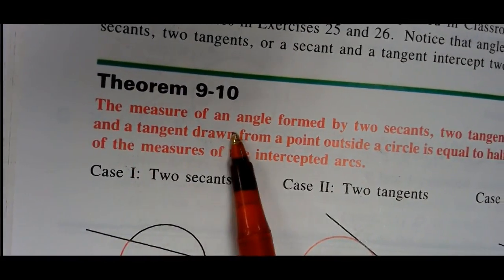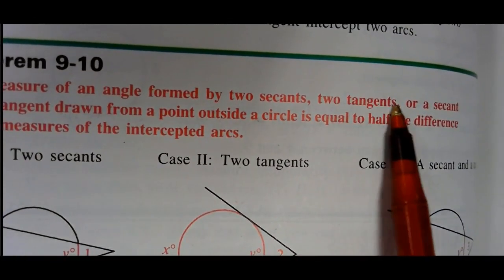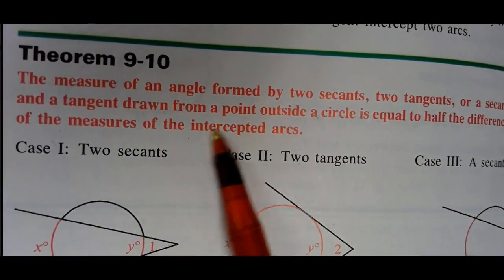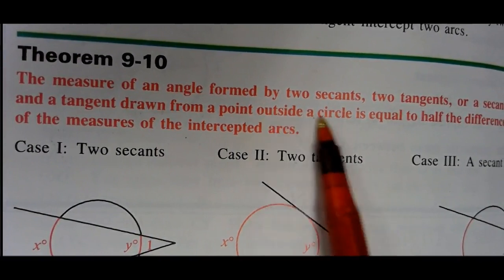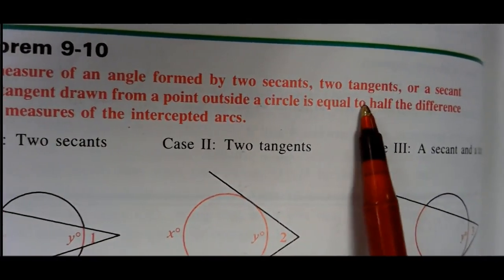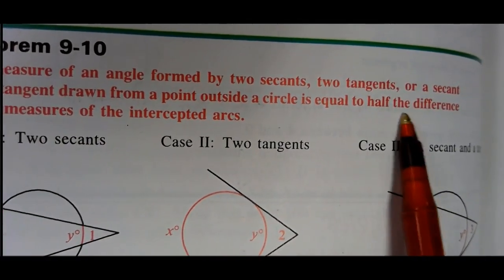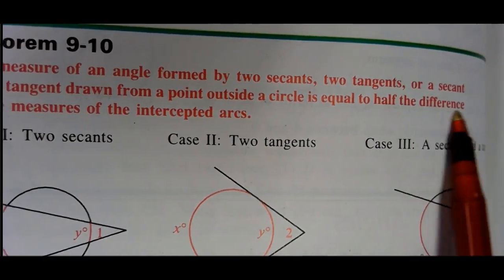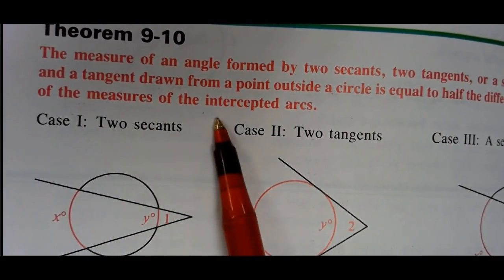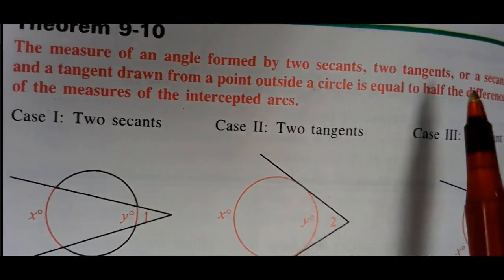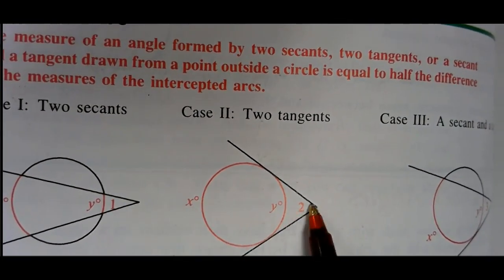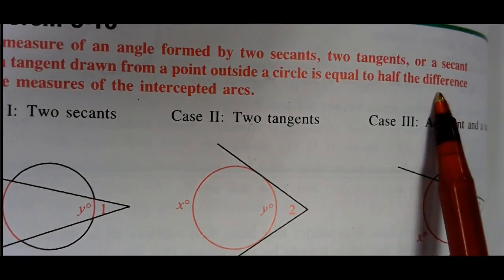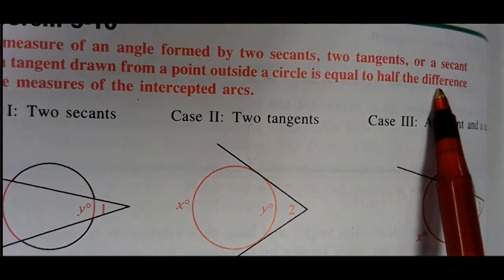So the theorem says the measure of the angle formed by 2 secants, 2 tangents, or a secant and a tangent drawn from a point outside the circle is equal to 1/2 the difference of the measures. So if the vertex is outside the circle, then we subtract the measure of the arcs.